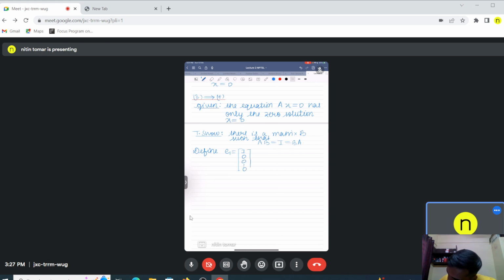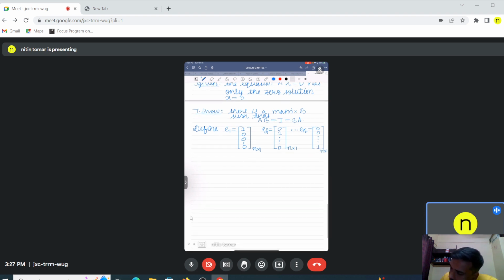How long is this? n cross 1. e2 to be 0, 1, 0, 0, 0, and you keep on doing this. These are called the standard basis, or you can see these are the columns of the identity matrix, right?